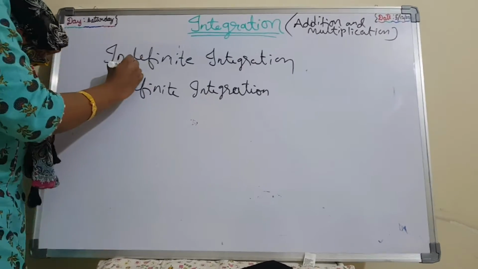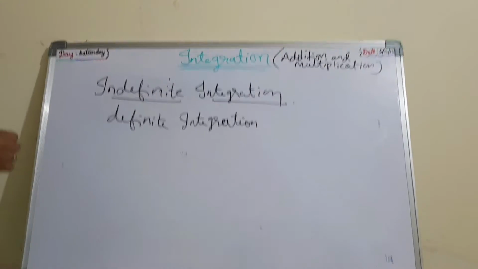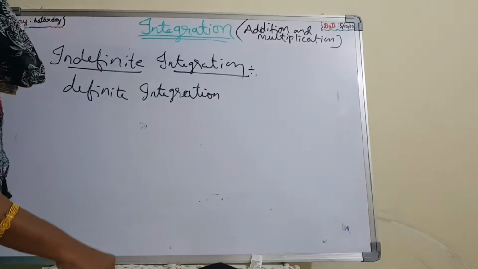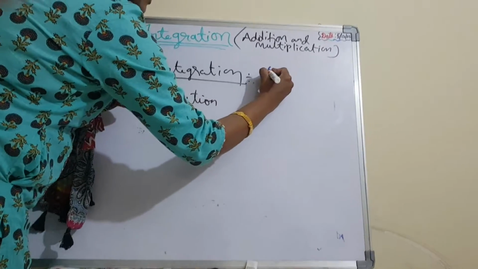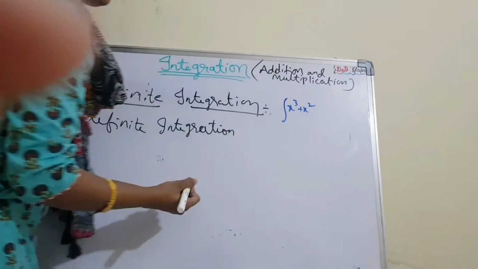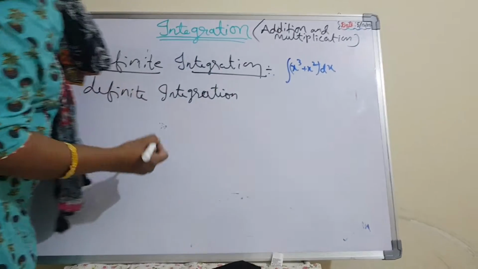Indefinite integration means, I'll tell one example. Integration of x cube plus x square into dx.